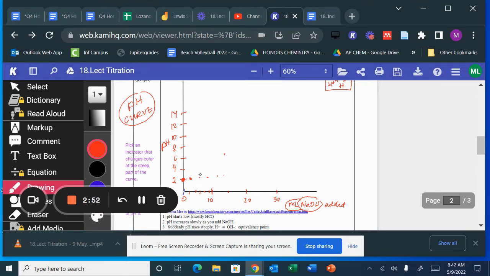So like right here. It's going to shoot up to pH 7 because at that point you have equal amounts of H plus and OH minus, the acid and the base. This is called the equivalence point.